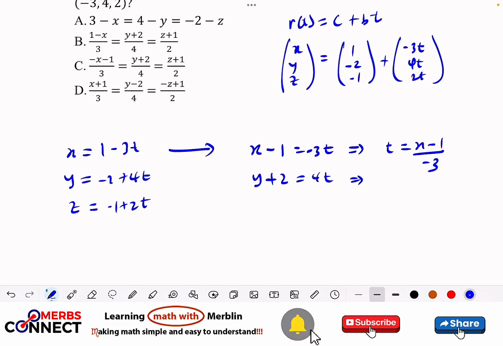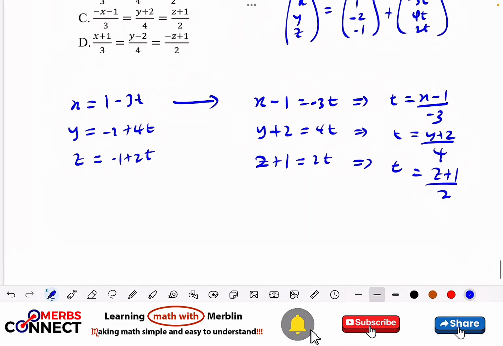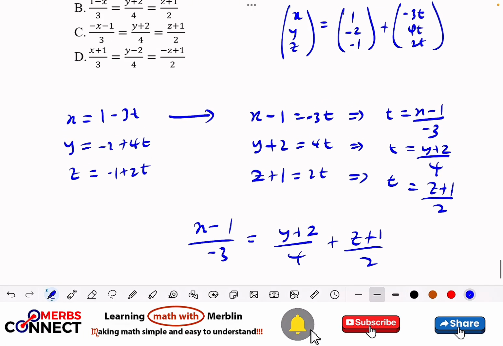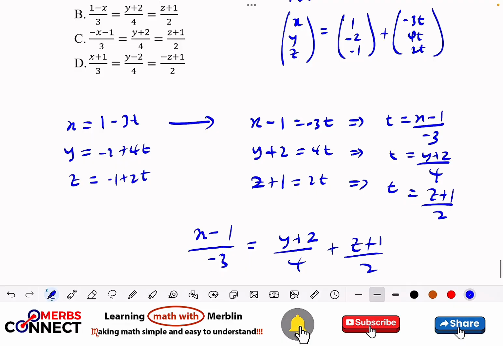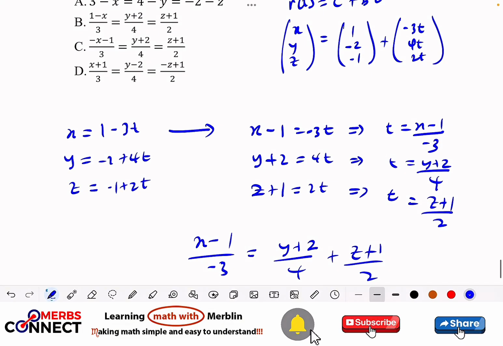This implies that t is equal to y plus 2 divided by 4. Z plus 1 is equal to 2t. This implies that t is also equal to z plus 1 divided by 2. So we just equate them. X minus 1 divided by minus 3 is equal to y plus 2 divided by 4 is equal to z plus 1 divided by 2. So let's see which one is the best option for us to choose.